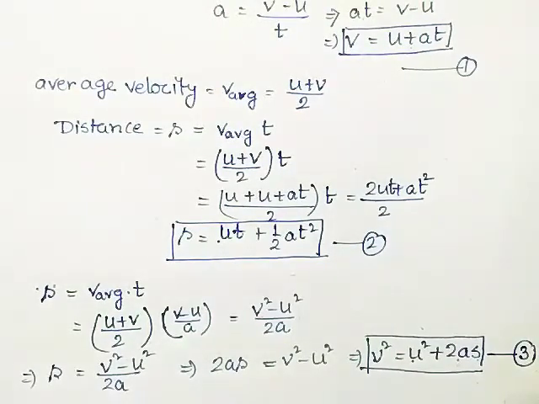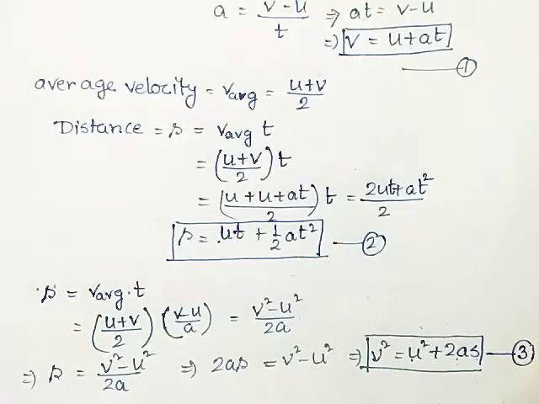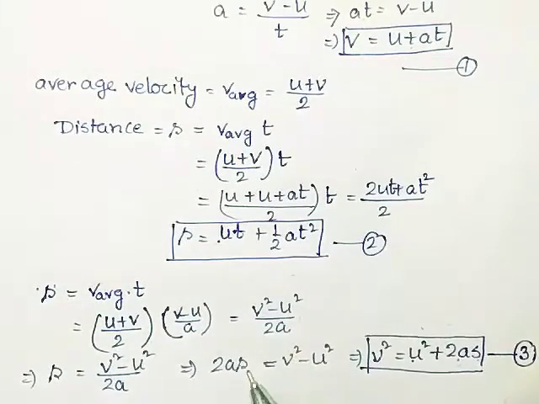But this is not the only procedure of finding the three equations of motion. There are obviously several procedures. One of them is the graphical method, another is the calculus method. Here I am doing it simply from the concept and by the method of substitution, nothing else.